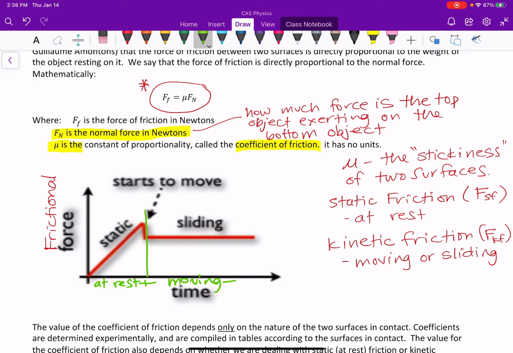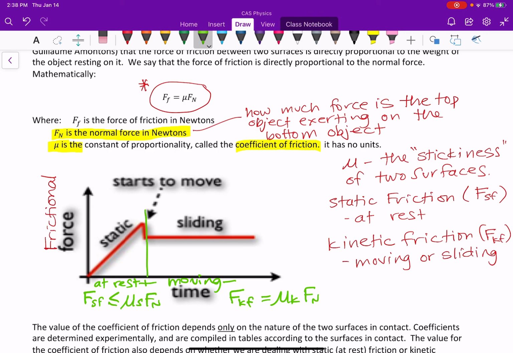So in the first part, we're going to be using this idea that the force of static friction is going to be less than or equal to mu s Fn. And over here, it's just constant. The force of kinetic friction doesn't change as you increase the force. It just equals mu k Fn.